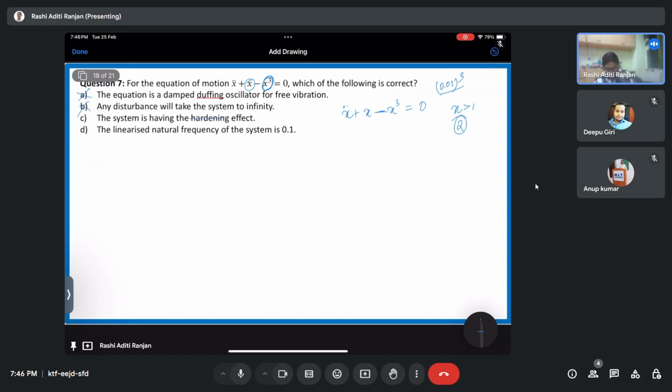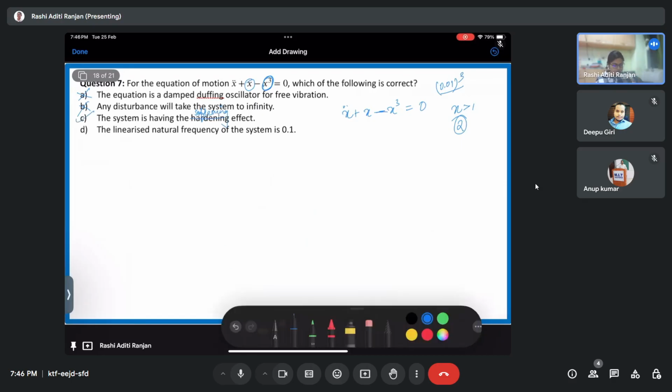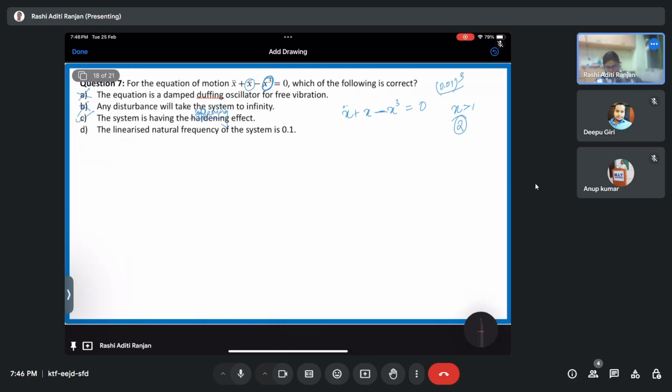Actually, here it should be softening, and this should be the correct answer then. Please keep in mind here it should be softening.